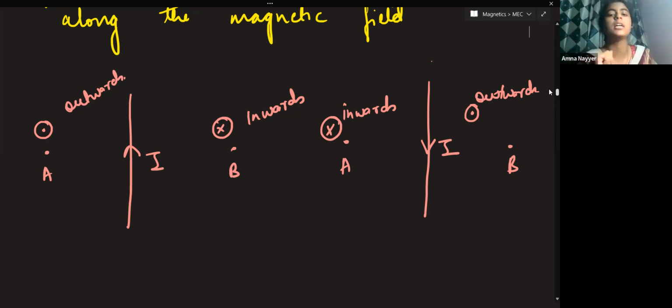I'll repeat this one. First example, B point. Fingers are here, B point is here. If I curl my fingers like this, the direction of fingers is not towards the position vector. If I point my fingers like this, it is not right again.